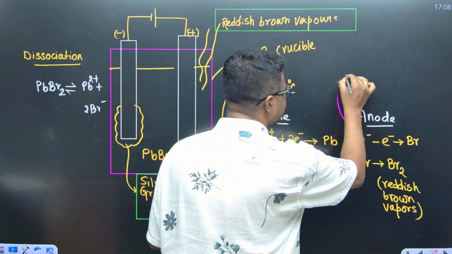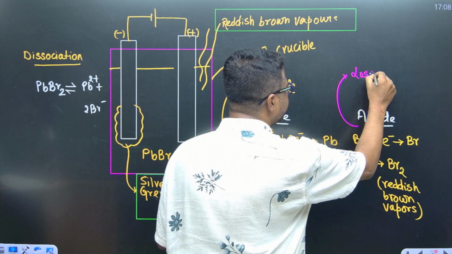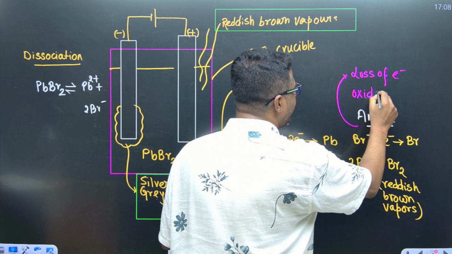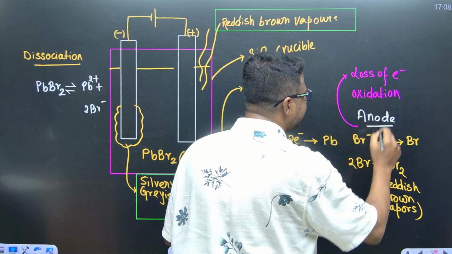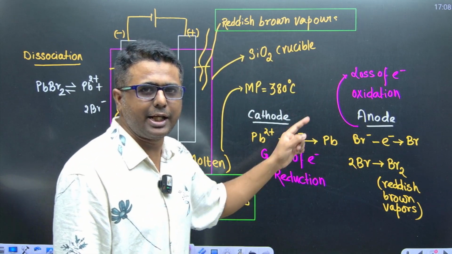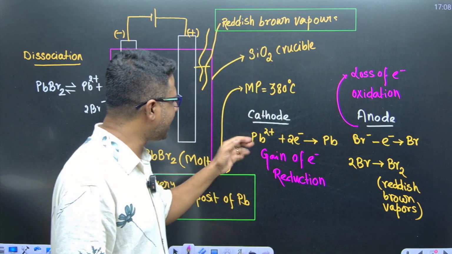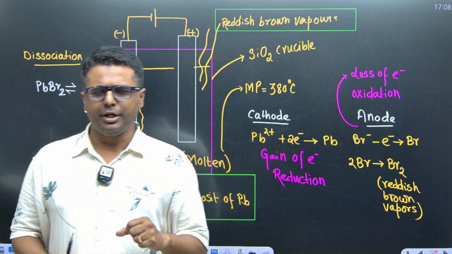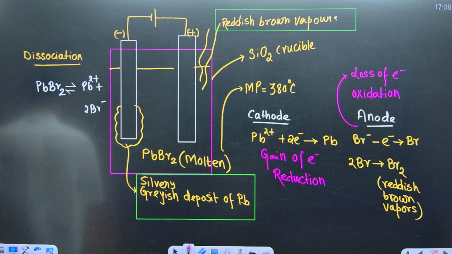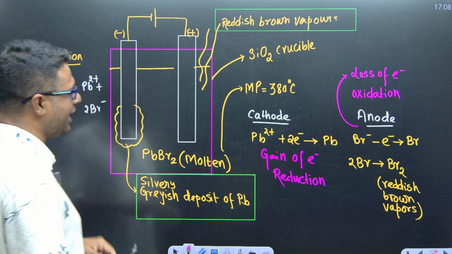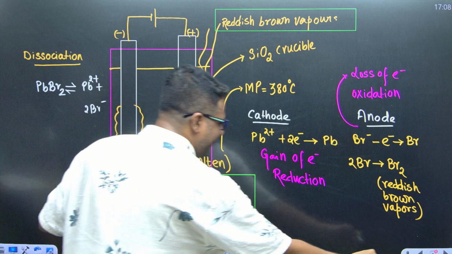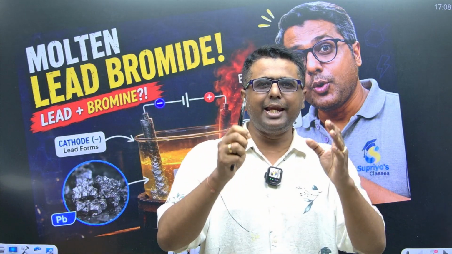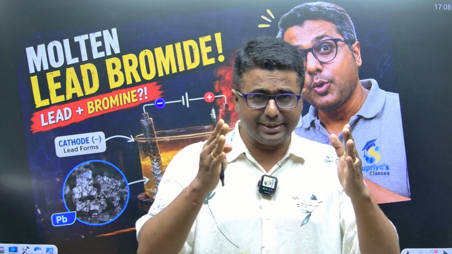Here there is loss of electrons, and loss of electrons means oxidation, and we already know that anode is an oxidizing electrode. So that is why at anode oxidation is taking place, at cathode reduction is taking place. I hope you guys have understood each and every one of these points. Yes or no? So can't we say that this electrolysis of lead bromide is nothing but again a redox process. That's it, my dear friends.